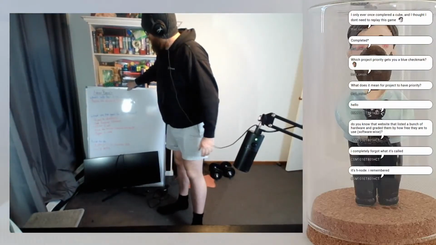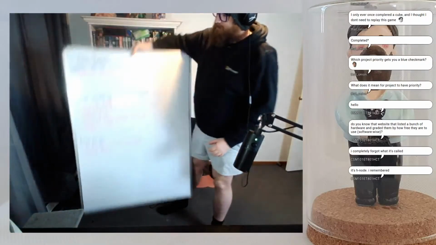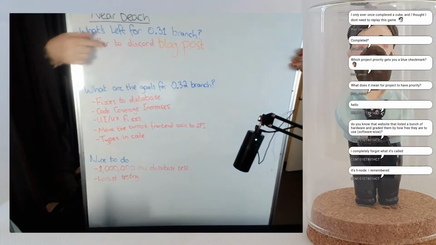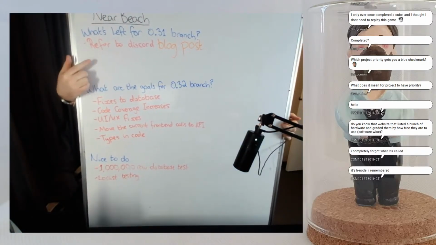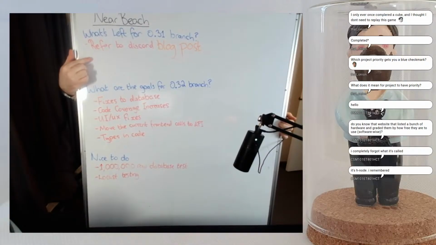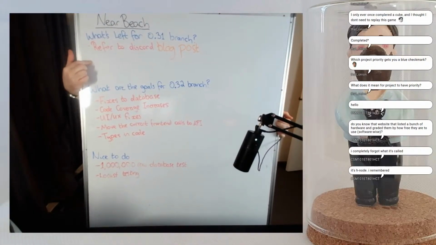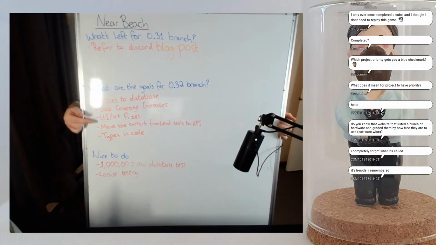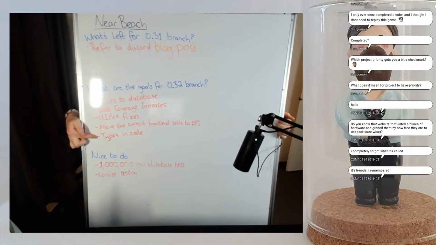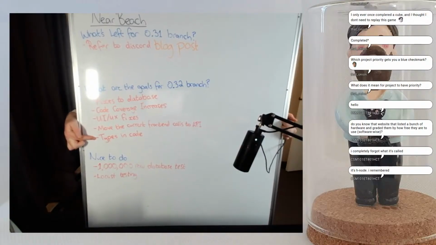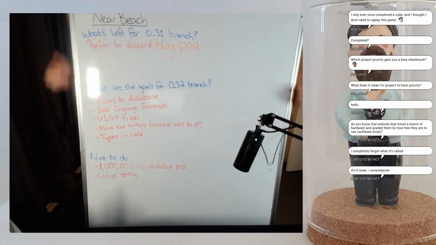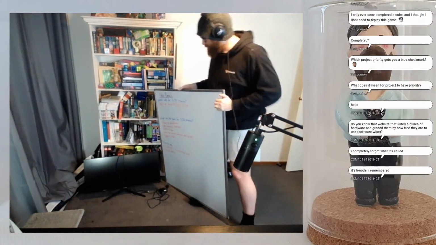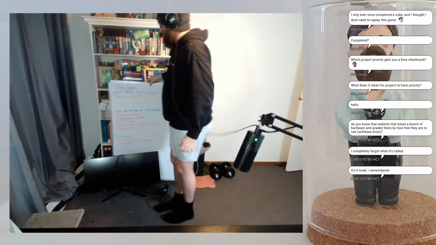However, if I bring it over, the whiteboard sort of outlines what we're going to be doing with this particular branch. So I've got a blog post on nearbeach.org/blogs. There's a blog post dealing with what we want to do with this, but if you have a look down here, I do want to implement types in code. So yes, it is one thing which I do want to actually implement in NearBeach, and yes, I do enjoy types. But no, I'm not too afraid if there's no types.